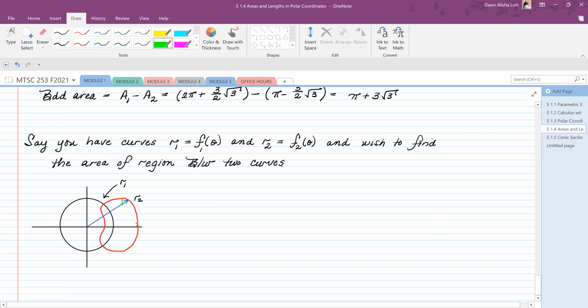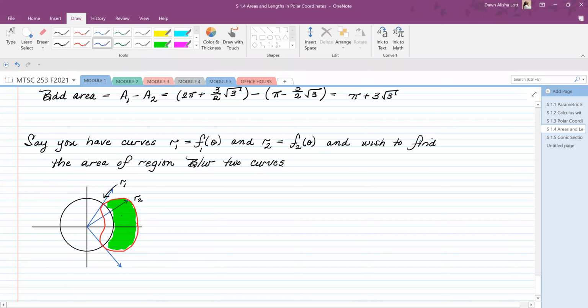And I want to sweep out this region. So I'm technically going to start from this theta right here, and I'm going to go up to this theta right here. And R is going to sweep out the region between the two.